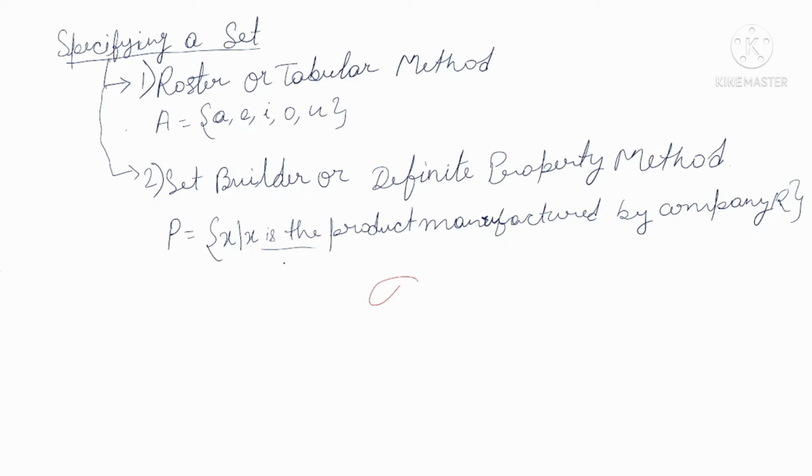So what is the property here? In this case, the property is that X is the product manufactured by company R. So whatever product is manufactured by company R is X. So here we write the property of the element, and X is denoting any element.